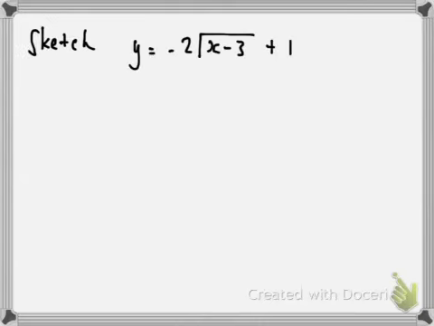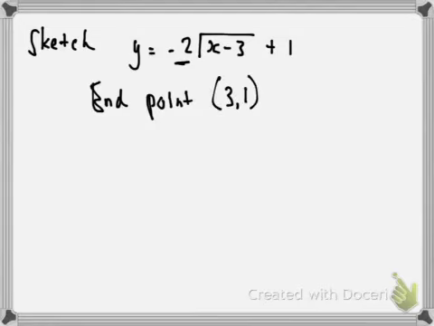So it's going to be that shape there. What else do we know about it? Well, we know that its endpoint is going to be 3, comma 1, because it's moved across 3 and up 1.